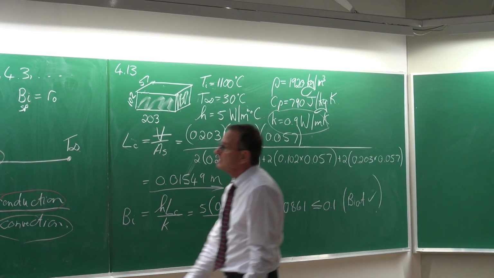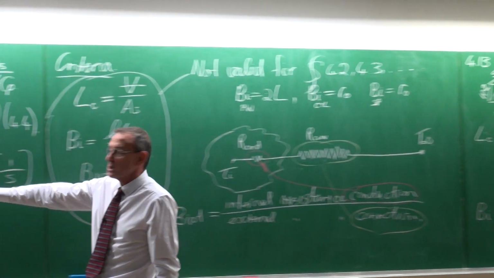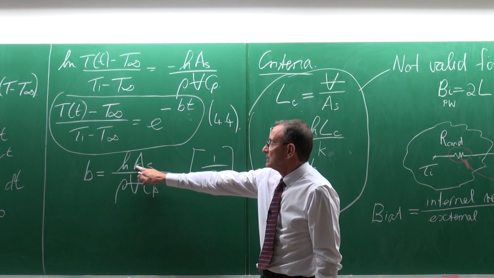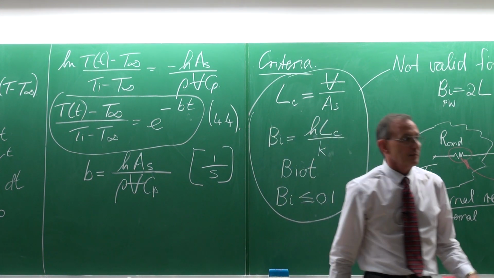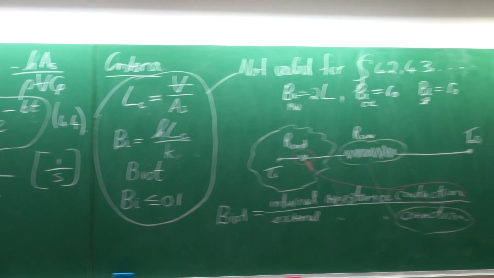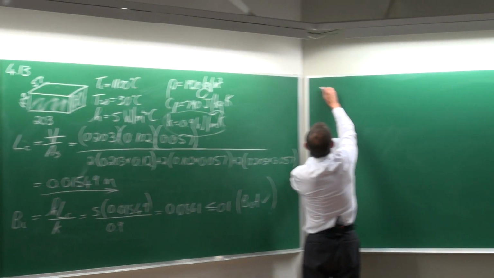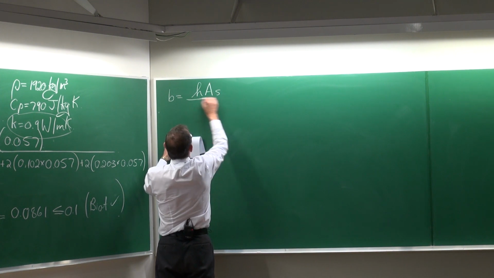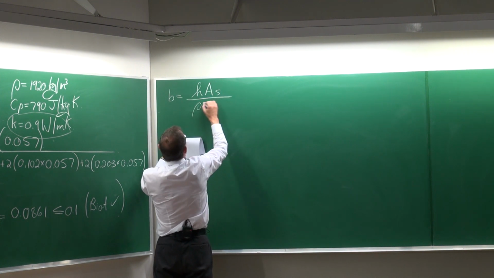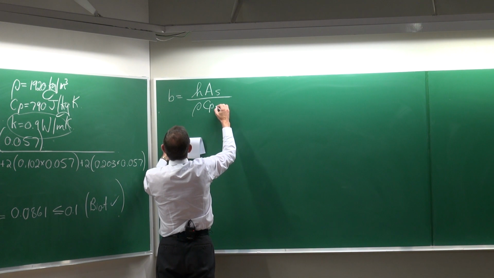Okay, the B value is just all the constants that we have to use: the heat transfer coefficient multiplied by the surface area, over rho, V, Cp. So B is equal to the heat transfer coefficient, the surface area, rho, Cp, and the volume.